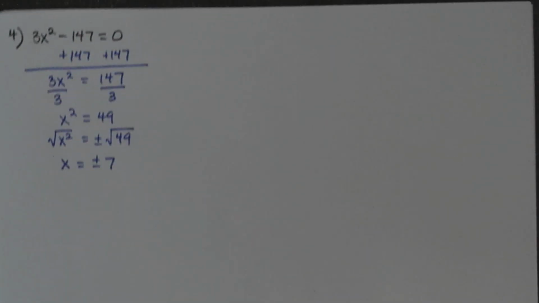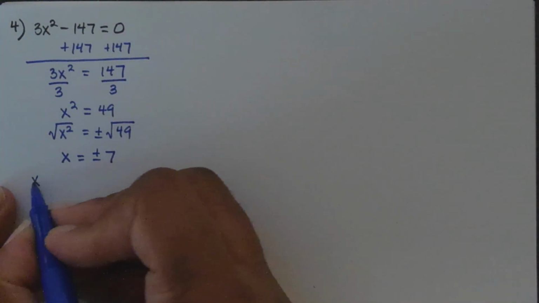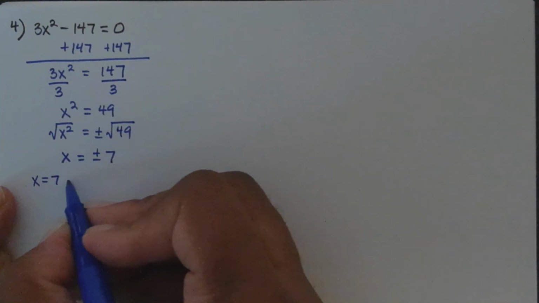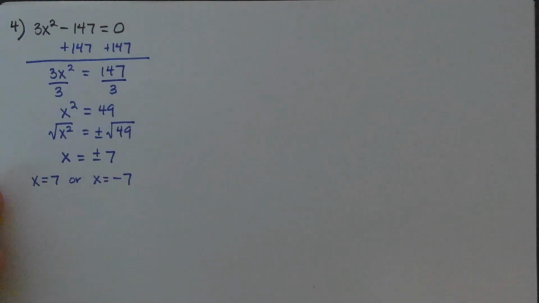And you can leave your answer like this if you like. Or if you want to, you can write it as two separate answers. Doesn't matter, x equals 7 or x equals negative 7. All right. Any questions about problem number 4?